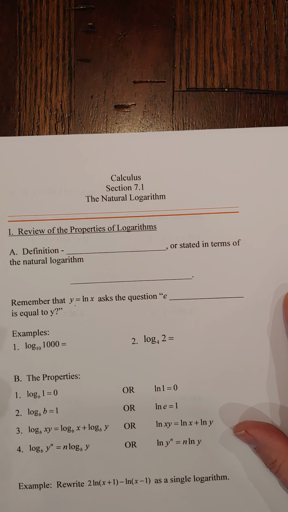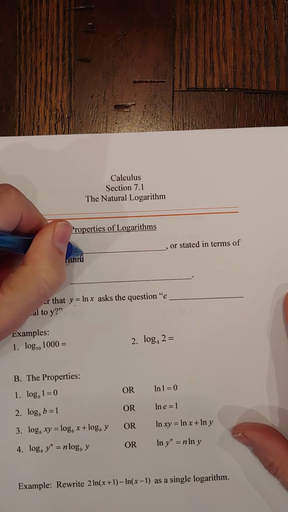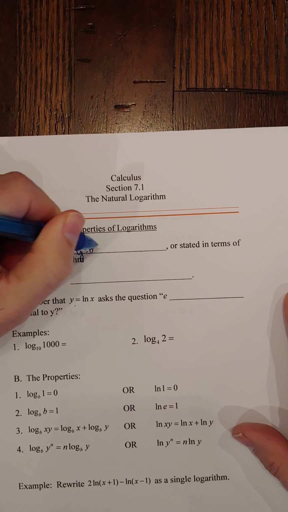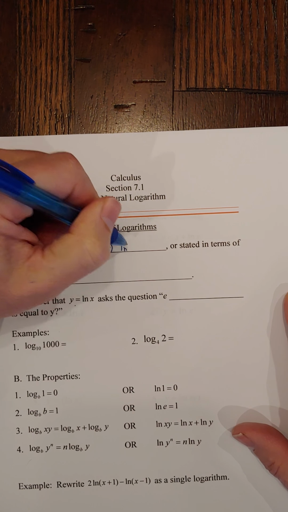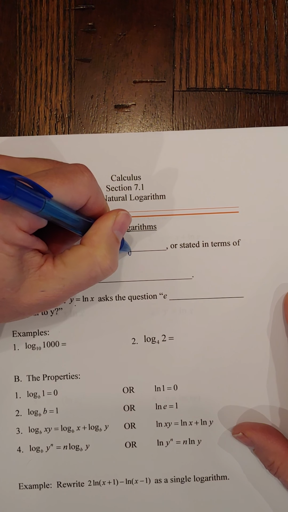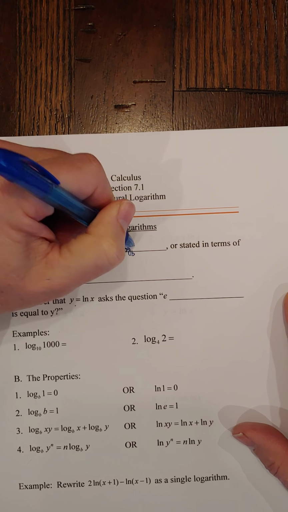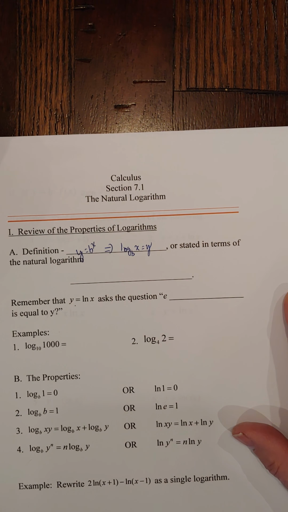of logarithms. Okay. So as you might recall, if I have y equals b to the x, then the logarithmic form of that is the log base b of x is equal to y. Okay?